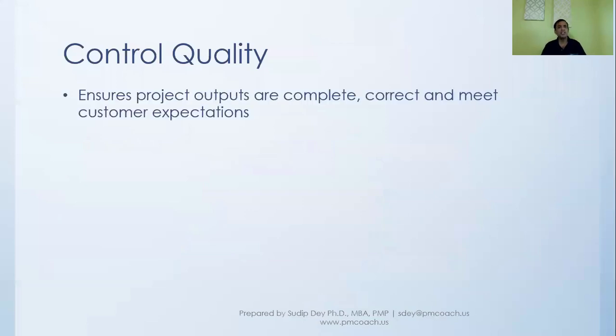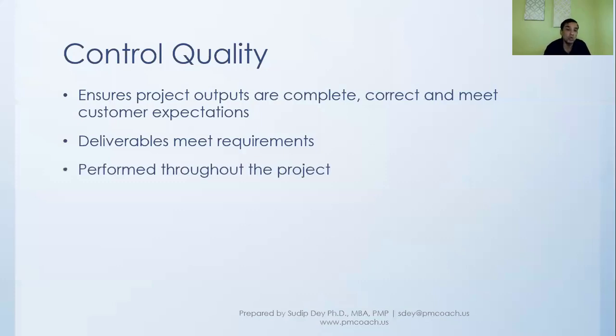Control quality essentially ensures that the outputs are correct and meet customer expectations. This is the objective of this particular process, and these deliverables should meet the requirements. This is what we are focused on in the control quality process.